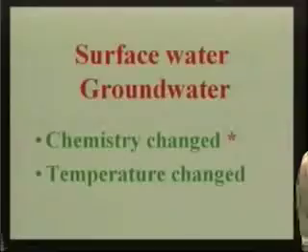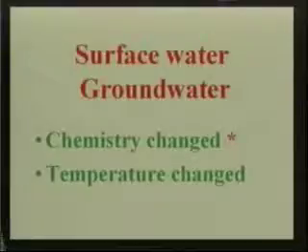Now this water I'm referring to is surface water, lakes, streams, ponds, and of course the oceans. And that water we looked at earlier, the groundwater system. Now the main thing that we'll focus on will be chemical changes, chemical alterations that have been made by us to these waters.